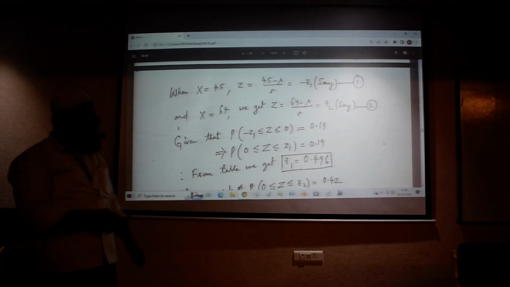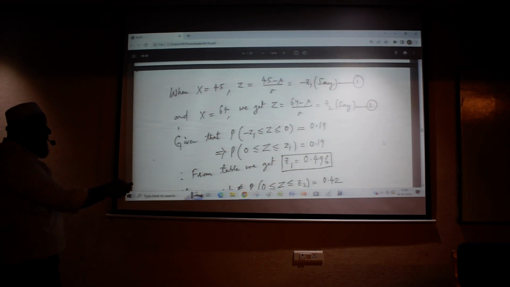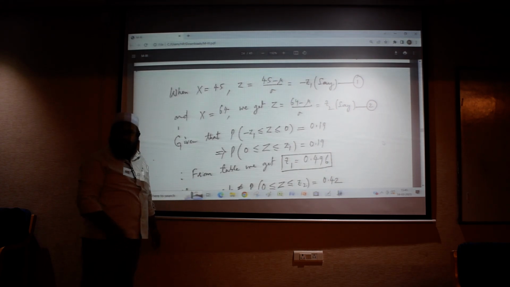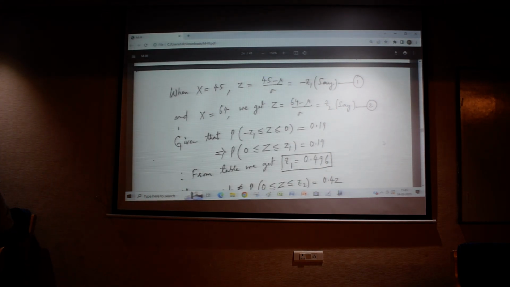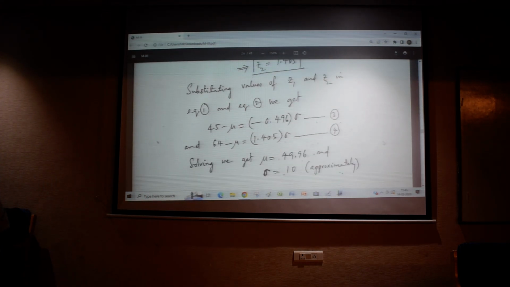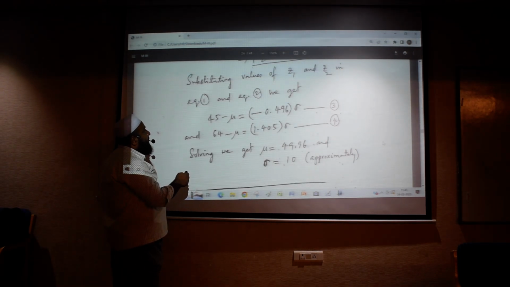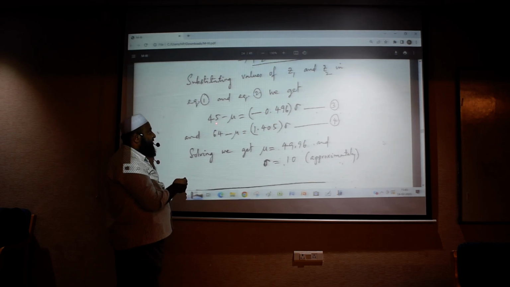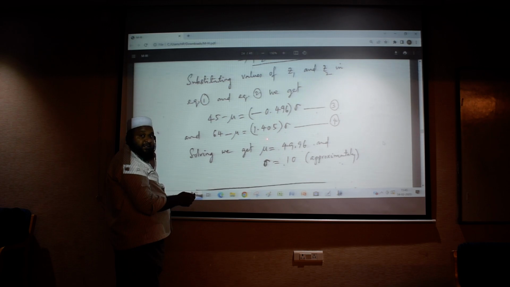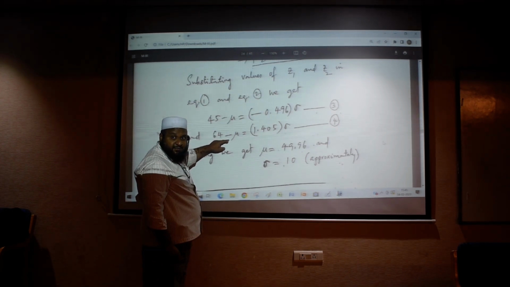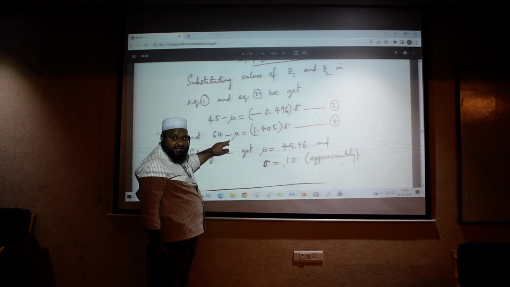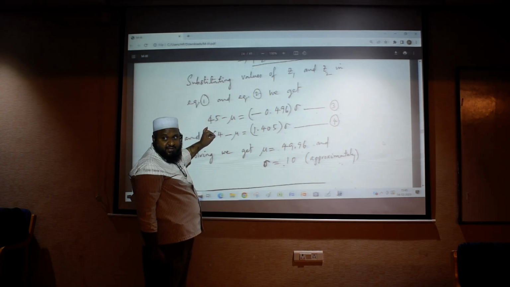Substituting in equations 1 and 2, we get two equations: 45 minus mu is this much, 64 minus mu is this much. Now if you just subtract, minus mu plus mu gets cancelled, and you get some value.